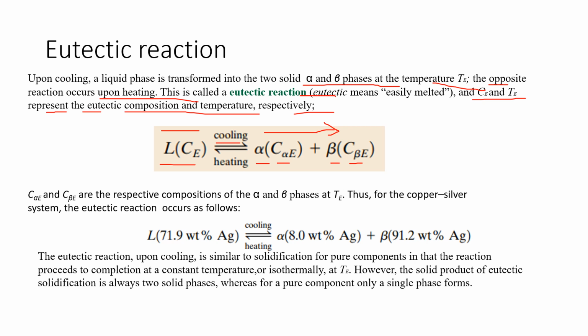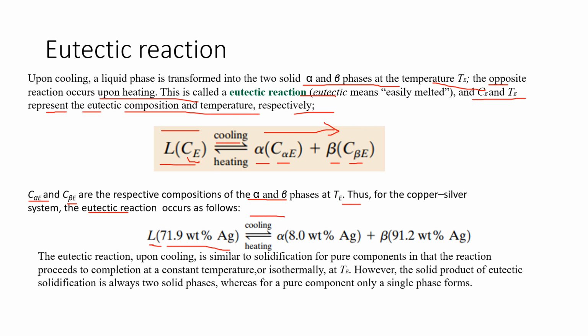Similarly, in reverse, if both are combined upon heating, both substances are converted into liquid with the composition mentioned at point E. C alpha E and C beta E are the respective compositions of alpha and beta phases at temperature TE.